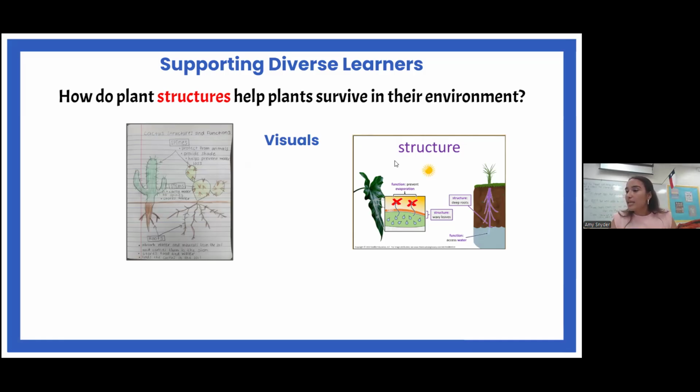We also included in the PowerPoint the slide decks for your explain that have all of the structures and functions, with some support from the visual glossary. So this is something we're starting to include in our science curriculum. We're working on incorporating these as much as possible, but this is a really great support.